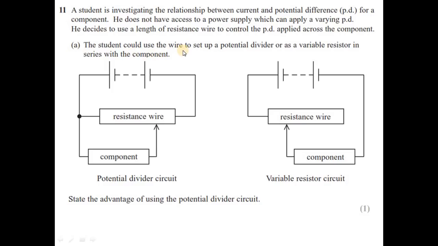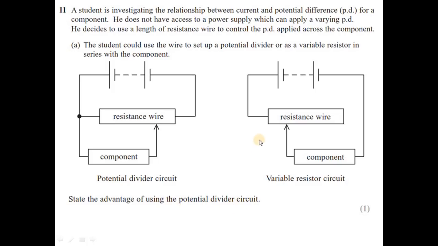The student could use the wire to set up a potential divider or as a variable resistor in series with the component. This is a circuit for a potential divider. This is the resistance wire, and this is the variable resistor circuit. State the advantage of using the potential divider circuit.